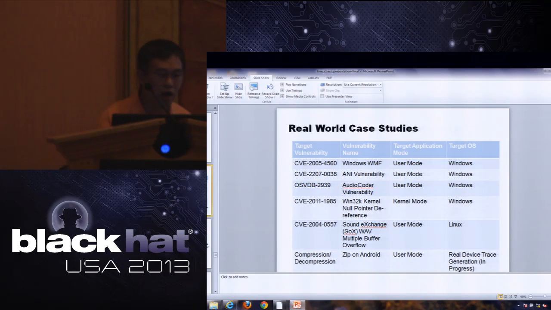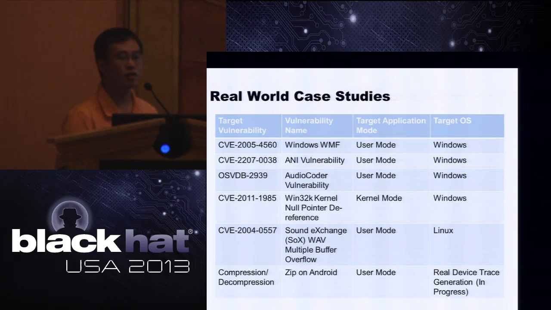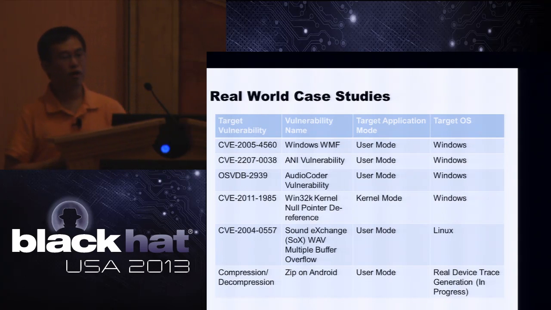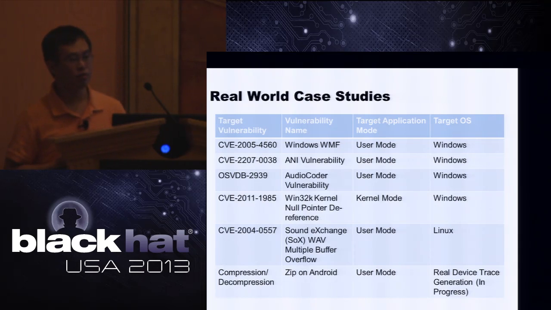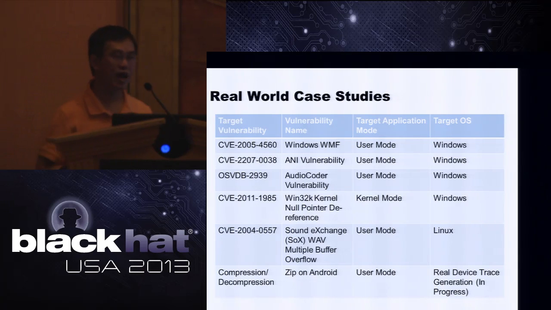So here we have shown you simple running examples to show the concept and approach and how it works. We did a few real-world case studies from different platforms and different types of applications, including the Windows platform where we have the WMF, ANI, all these classic vulnerabilities.